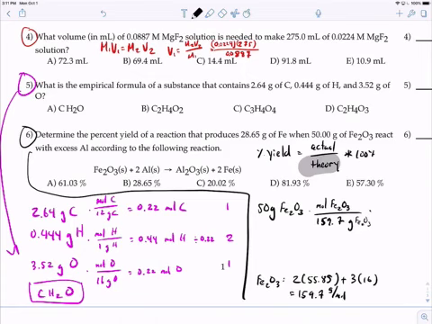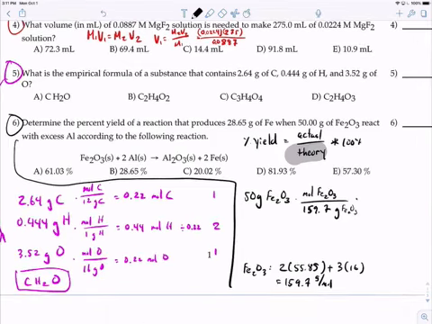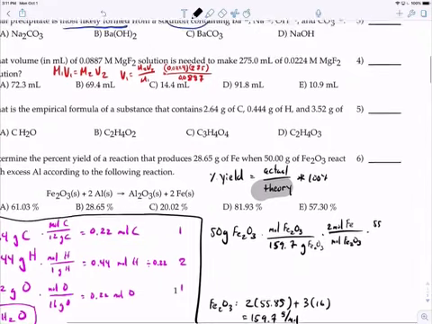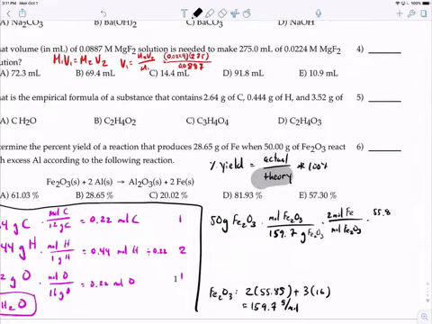Then let's see here. So then there's 2 moles iron per mole Fe2O3 times 55.85 grams iron per mole iron.